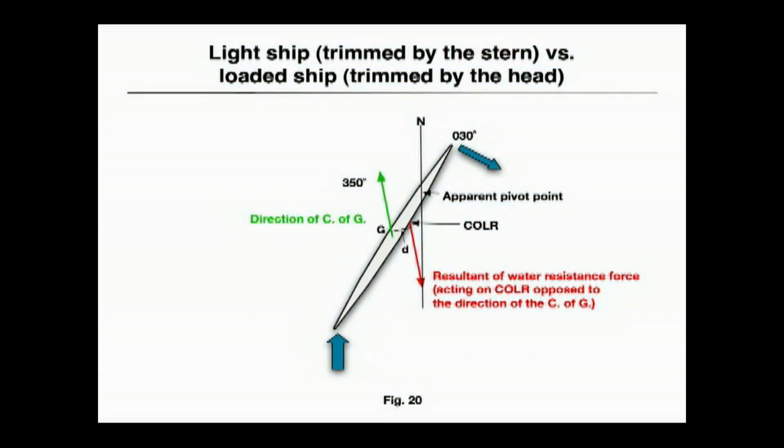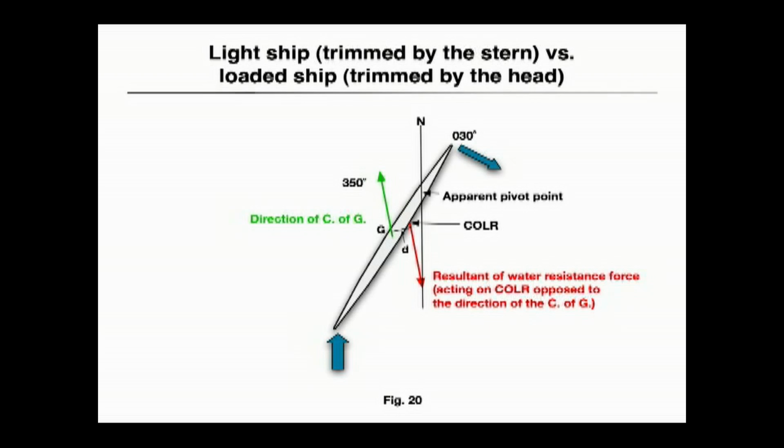A light ship is usually trimmed by the stern. Its center of lateral resistance is relatively more aft than a loaded ship. This results in a shorter arm lever from the rudder to the center of lateral resistance. At first glance, this should lead to less steering efficiency.